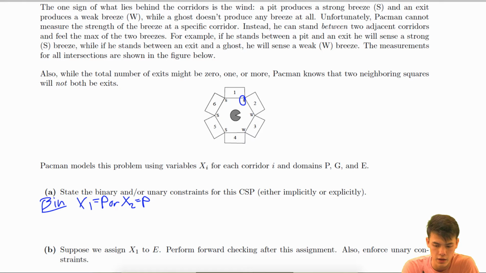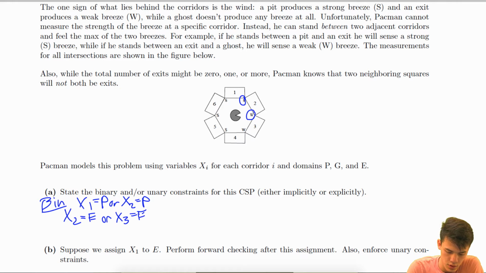pit to produce that. Going clockwise, we're going to see this W here between 2 and 3. So what can we conclude from this? At least one of these has to be an exit, because an exit produces a weak breeze, right? So we could say x2 equals exit, or x3 equals exit, right?